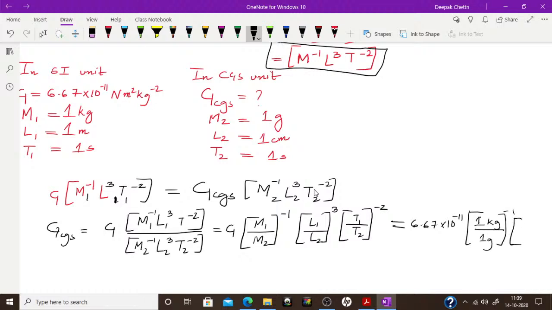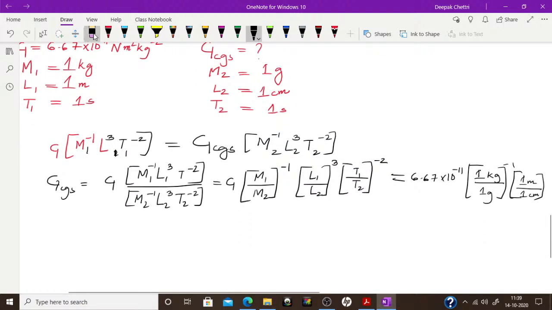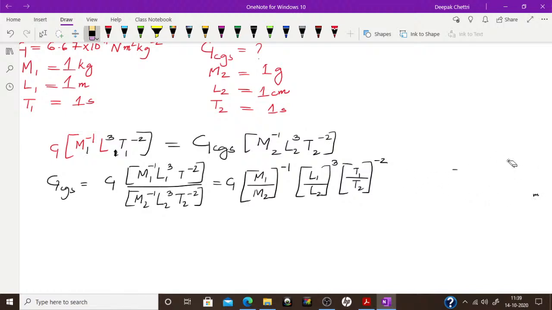Now L1 is 1 meter, L2 is 1 centimeter. I'll erase this and write it again from the beginning. Right, so G we know is 6.67 into 10 to the power minus 11.